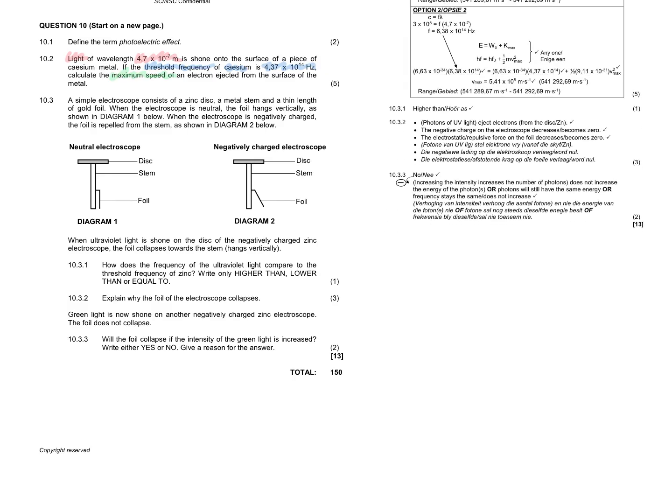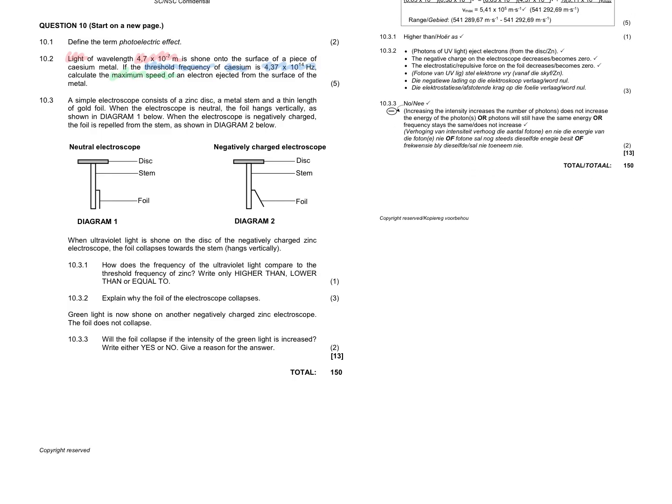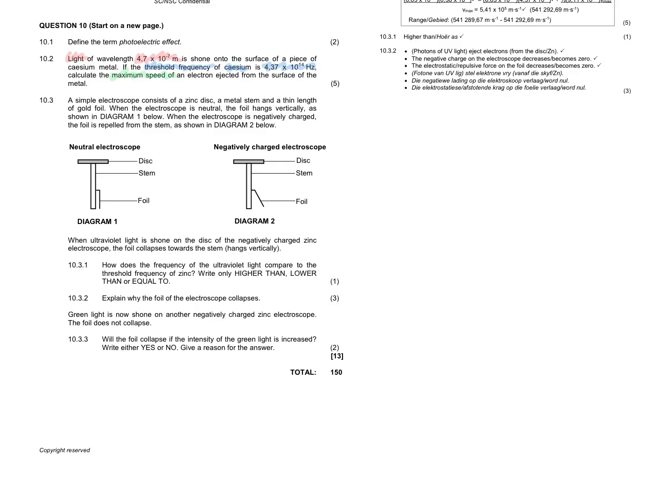It's higher than because it collapses. So the electrons leave, which is why, so they give you pictures. It's negatively charged, it's like this. It stands apart. The reason why it collapses with the UV light is because the negative charges have left the foil.